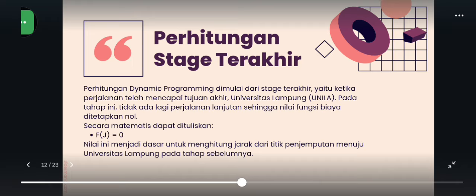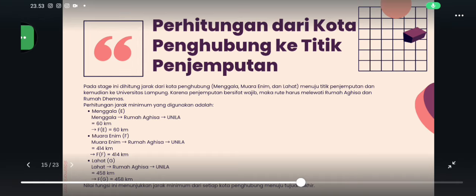This value serves as the basis for calculating the distance from the pickup point to the University of Lampung in the previous stage. At this stage, the distance from the two pickup points to the University of Lampung is calculated. This value will be used as the cost in the previous stage.